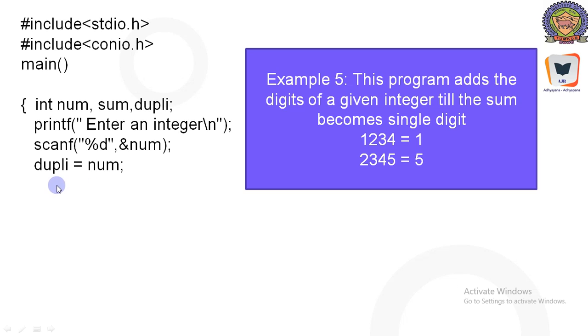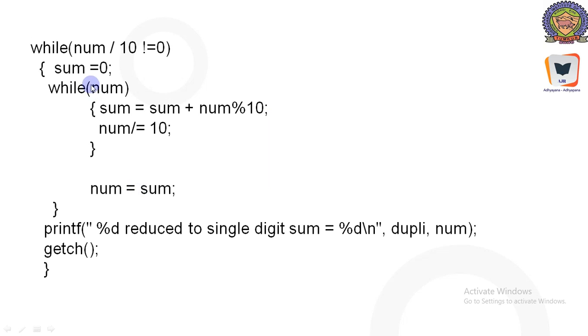Therefore, we want to store this because at the end we need to write that the single digit sum of 1234 becomes 1, or the single digit sum of 2345 becomes 5. In order to write 2345 at the end of the program, we have to preserve this number in a duplicate because we are going to lose this, and you will come to know while number divided by 10 not equal to 0.